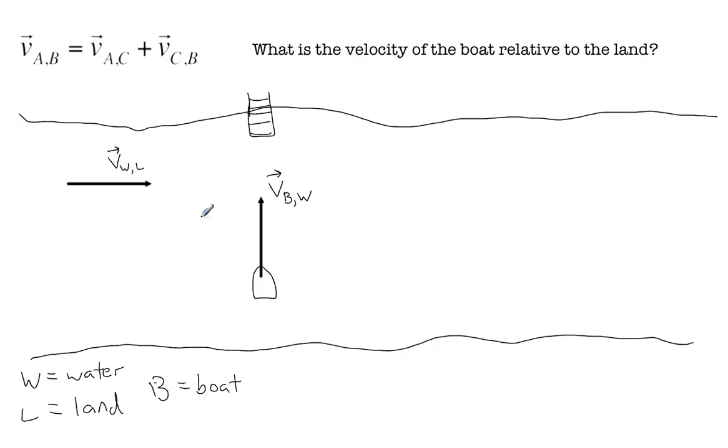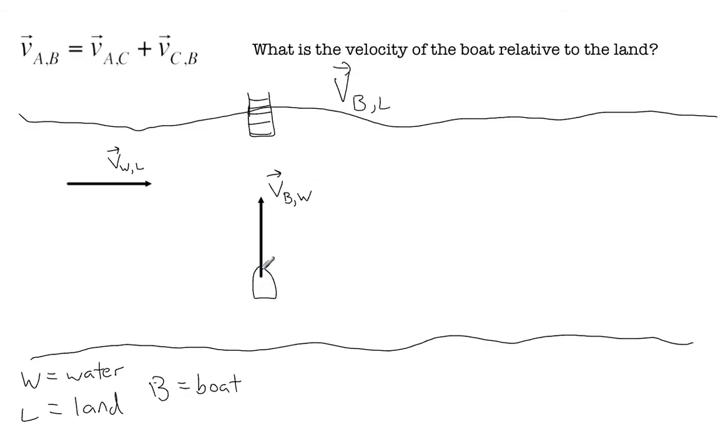If you put a leaf into the water and then watched it go by as you were standing on the land, what velocity would that leaf have? It's something like that. The velocity of the boat with respect to the water, that's how the boat is moving if you were that leaf in the water looking at the boat. It's not the same as the velocity of the boat with respect to the land.